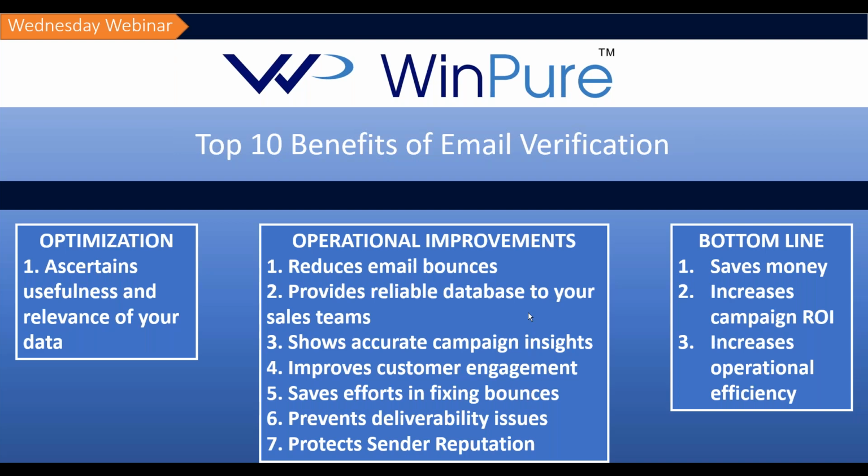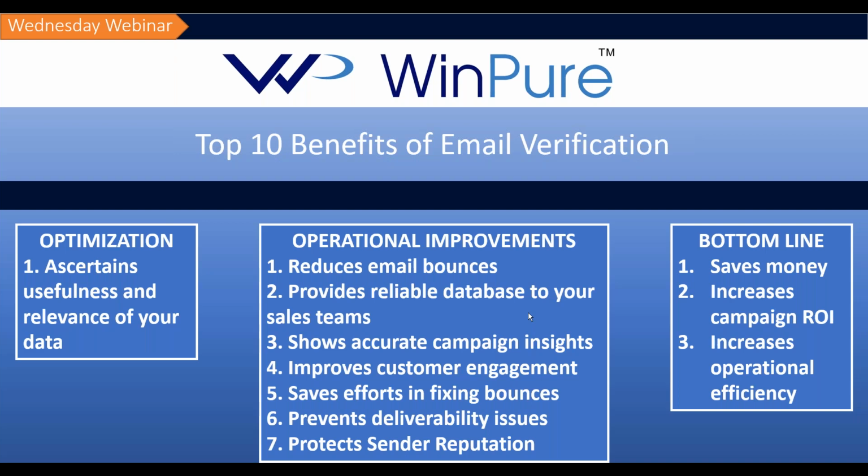Number 3, looking at campaign insights. So we think about insights and how we analyze and use information in the business. At the end of the day, this just helps us to work smarter, more effectively, more efficiently, and junk in, junk out.